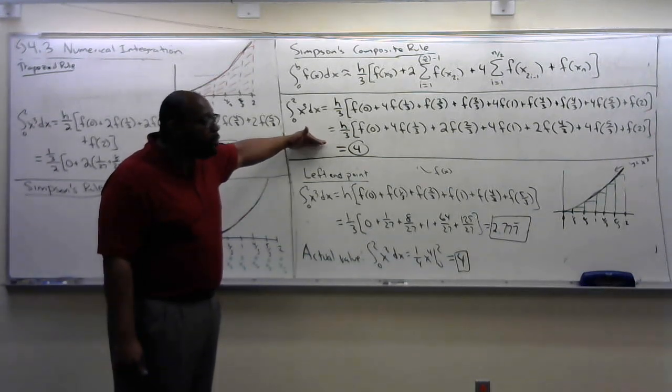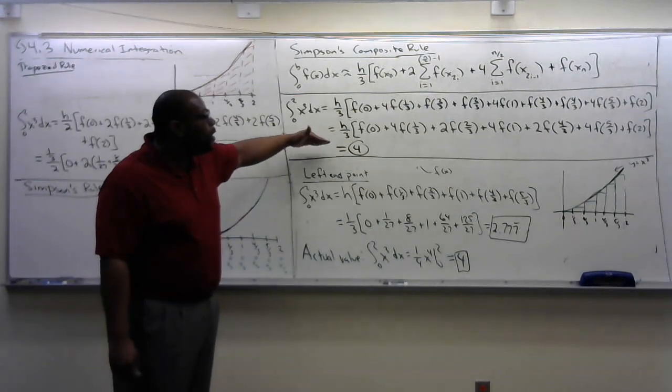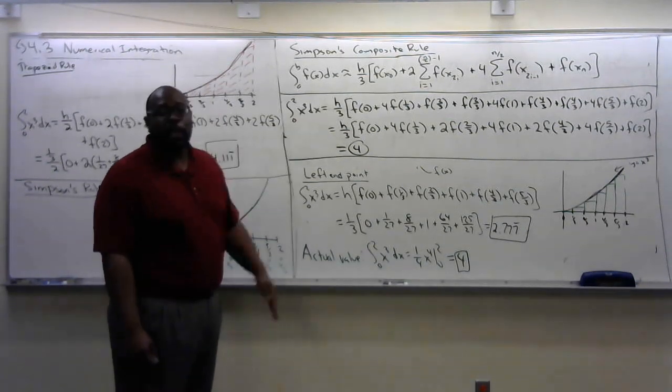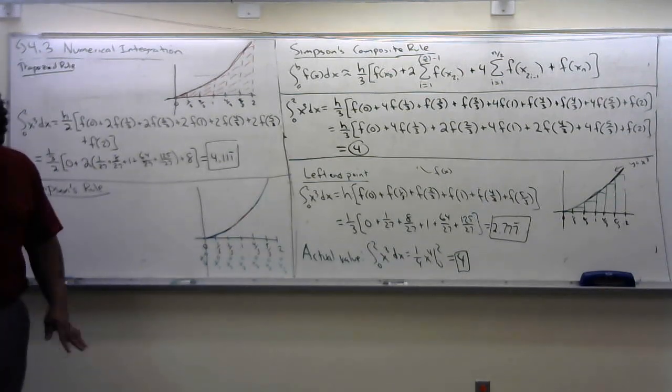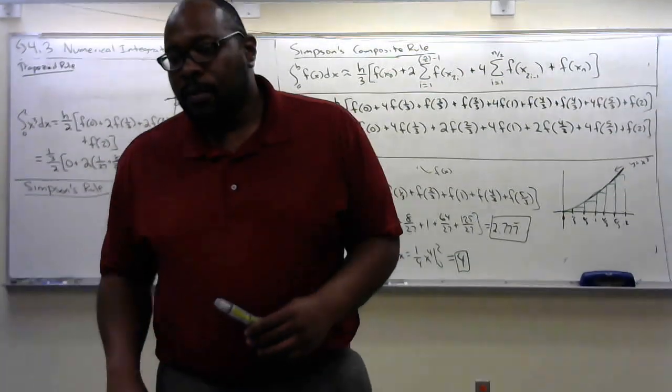Although Simpson's rule comes from a second degree Lagrange polynomial, this approximation is so good that it works for cubic as well. All right, so we're going to stop right there and we'll pick up next time with some more interesting stuff.